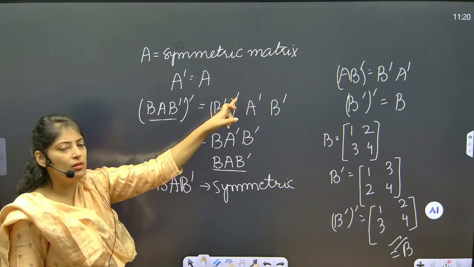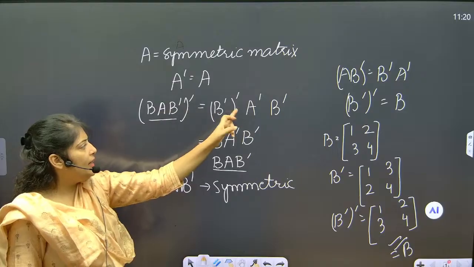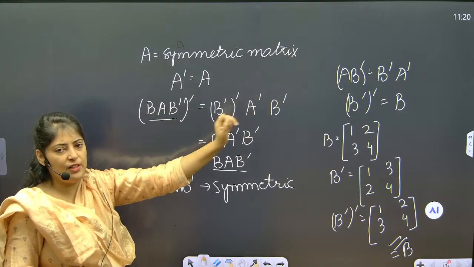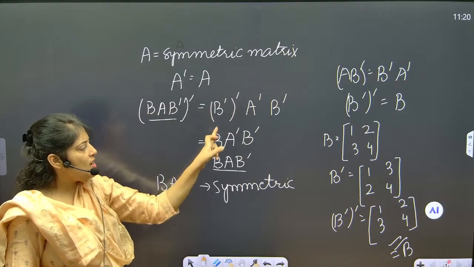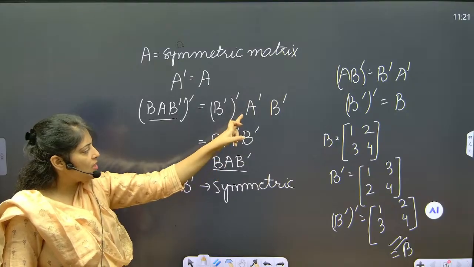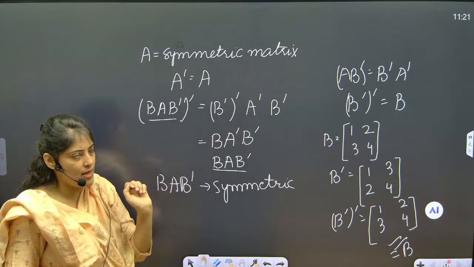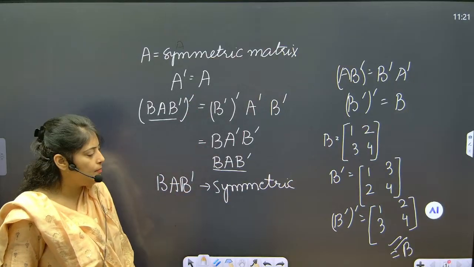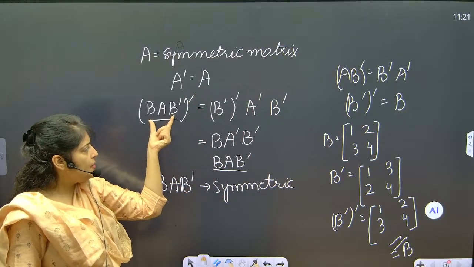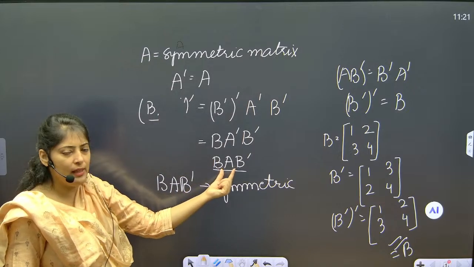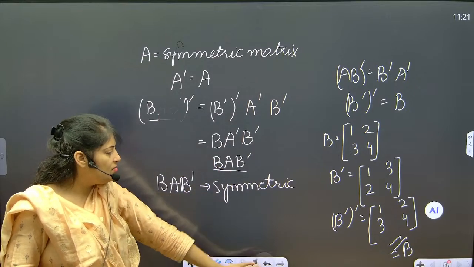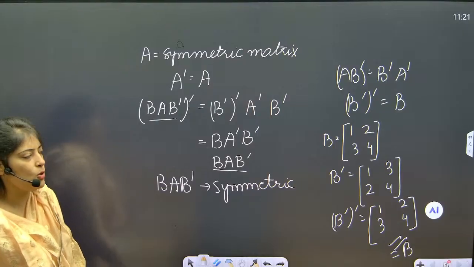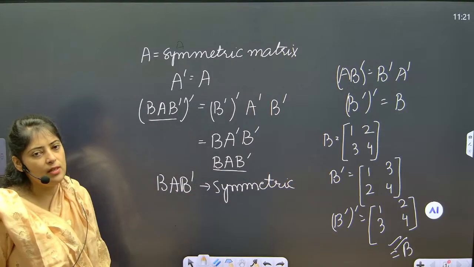B dash full transpose, A transpose, and then B transpose. Transpose will come out to be the original matrix, A transpose as it is, B transpose as it is. A transpose equals A only, which is given to us. So the transpose is coming out to be equal to the same matrix. That means the original matrix is symmetric.